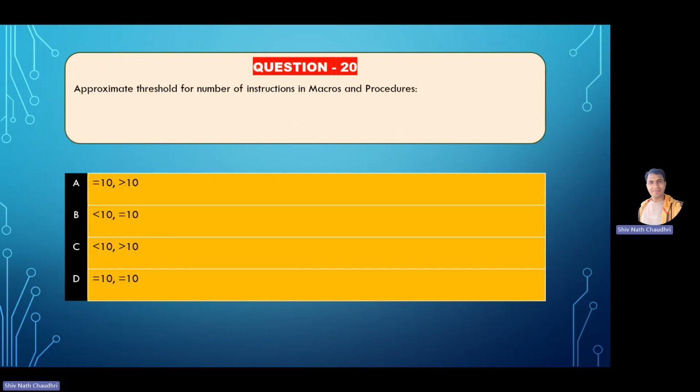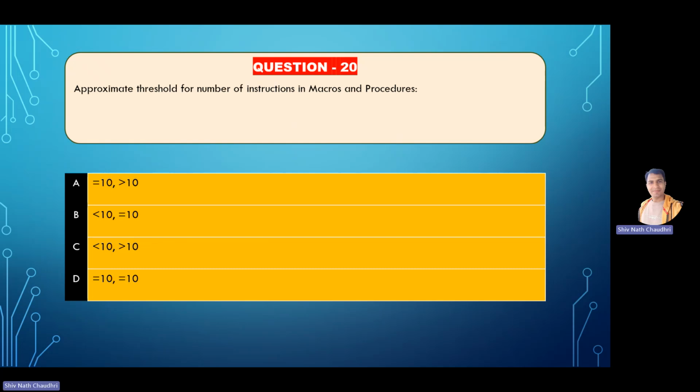Approximate threshold for the number of instructions in macros and procedures. Macros and procedures both facilitate modularity in programming, and both can be considered short programs, but macros don't require call and return instructions. A macro is a very short code written for modularity, while procedures use call and return, so they require multiple instructions and perform specific tasks.